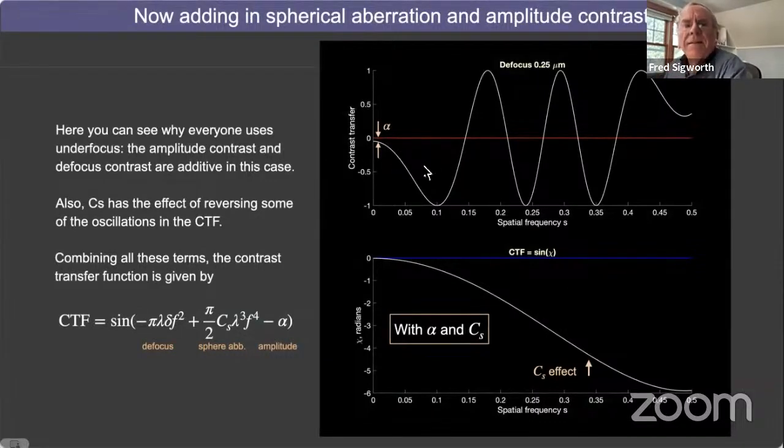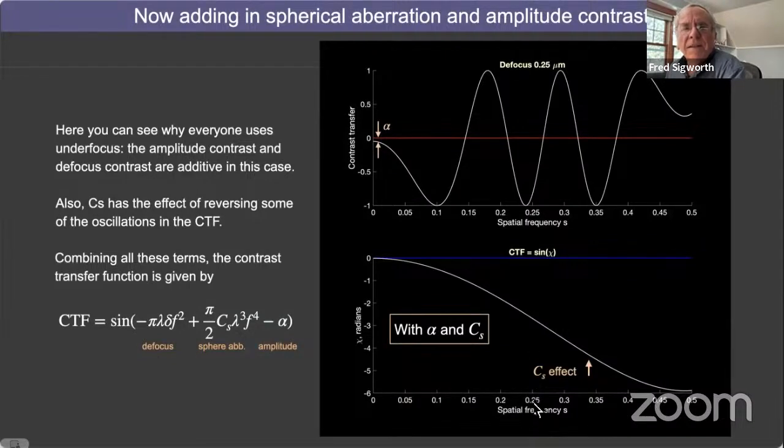So altogether, this is then what the CTF looks like. It's non-zero. It oscillates, and then the oscillations actually switch in direction and start oscillating rapidly in the other direction. So that's what the spherical aberration does to us. And here's our 4 angstrom effective spatial frequency.